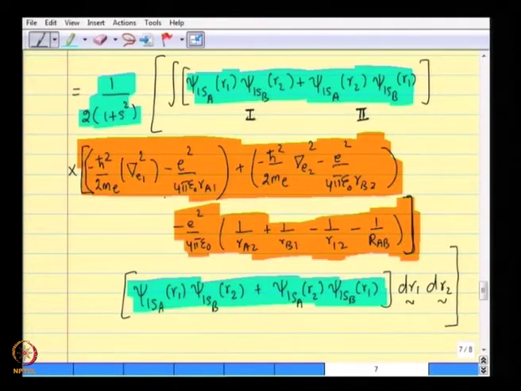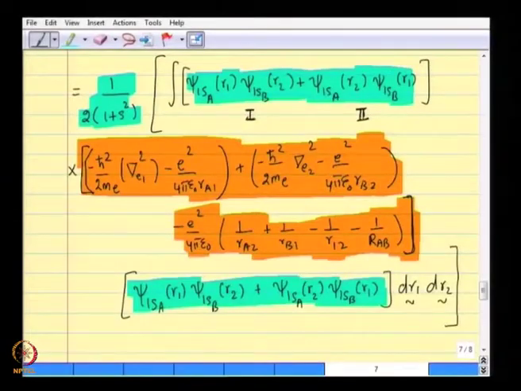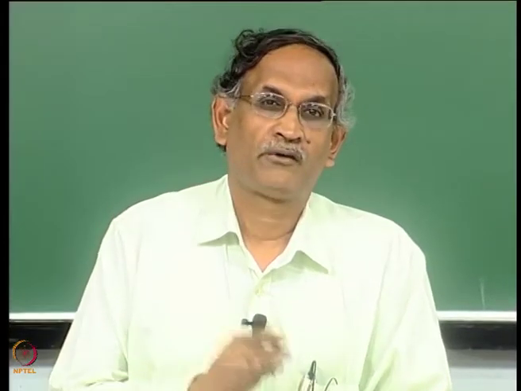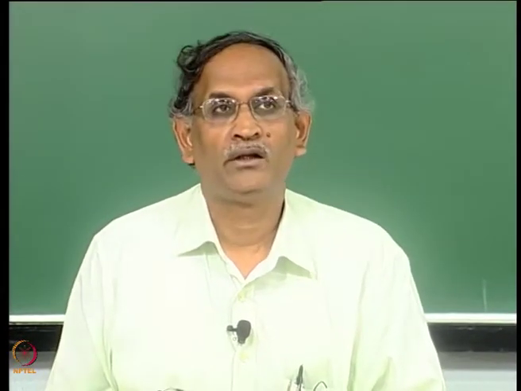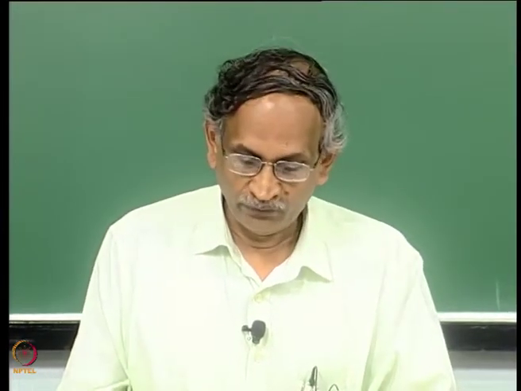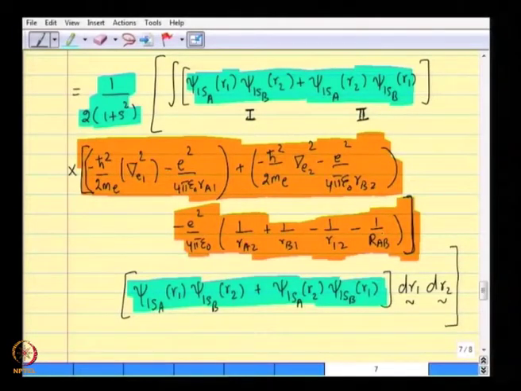And the Hamiltonian I have blocked in the form of three groups: the Hamiltonian for the electron in atom 1, the Hamiltonian for the electron in atom 2, plus the potential energy terms involving electron 1 being attracted by nucleus 2, electron 2 by nucleus 1, the electron-electron repulsion and the nuclear-nuclear repulsion, all grouped into a separate block.